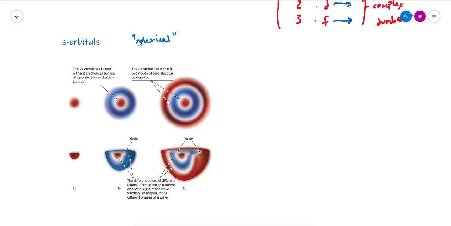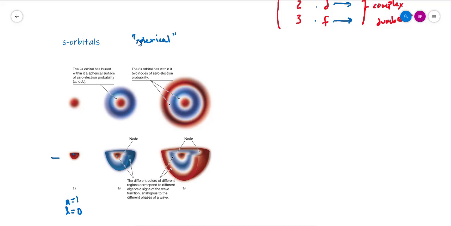Instead, they are probability functions where electrons could potentially reside with a non-zero probability. And so when we have a 1s orbital, that means we have n equals 1, L equals 0. 1s means we have the simplest sphere where the nucleus is in the center and the electron can exist anywhere inside of that sphere.